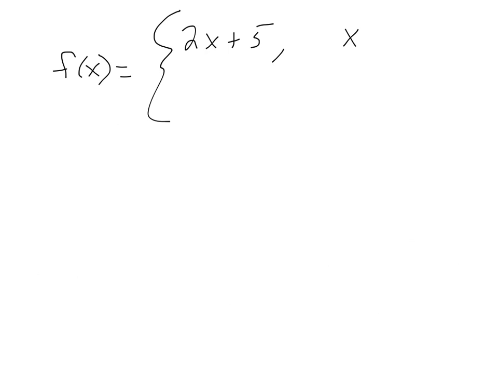In most cases with piecewise functions, on the other hand, we're usually given the definition. So for instance, I might have the function f of x equals, let's say, 2x plus 5 when x is less than 0 but greater than or equal to -3.